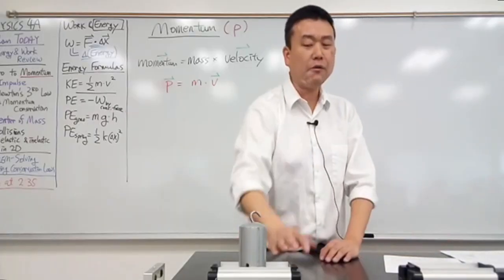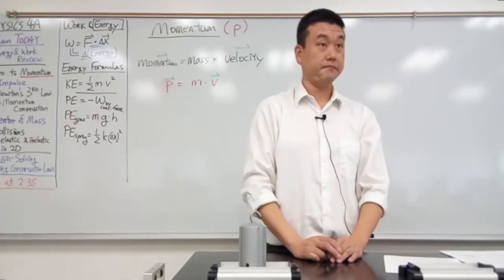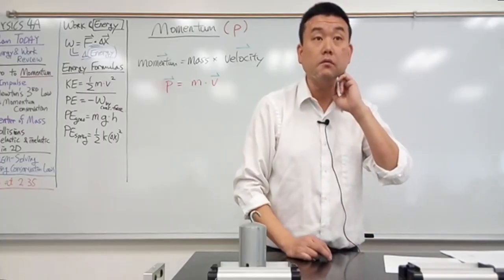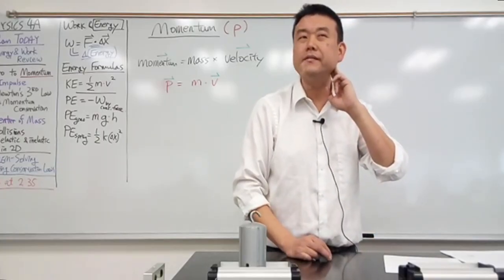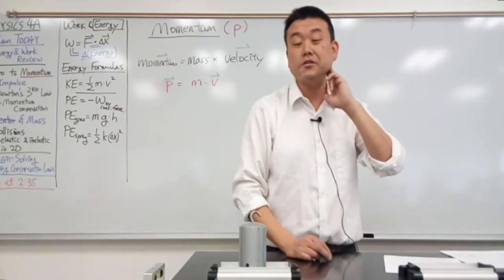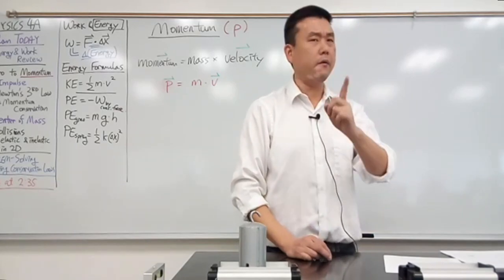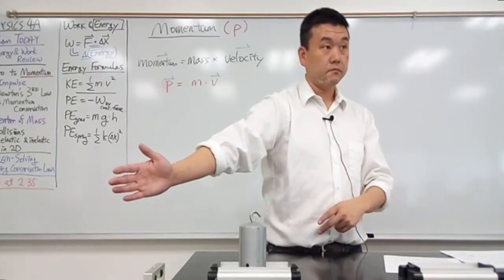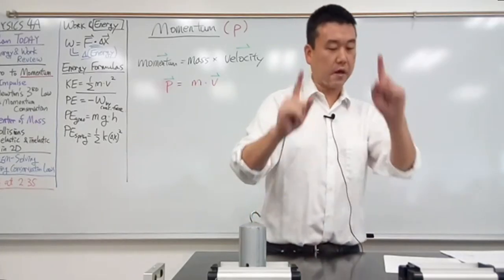How do you think A would move? 1/3 of its initial speed? In which direction? Moving to the right or left? Left. To the left? Okay, let's look at this.